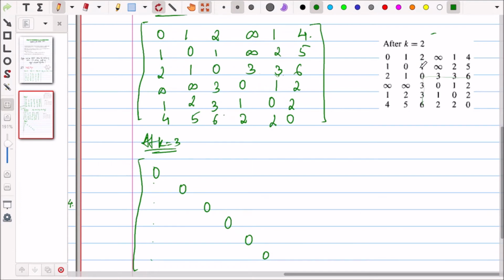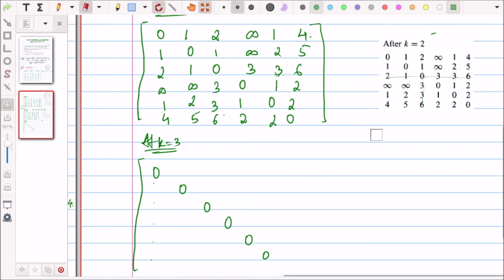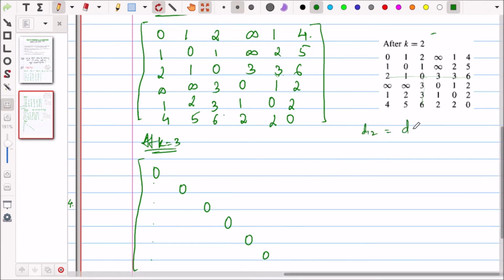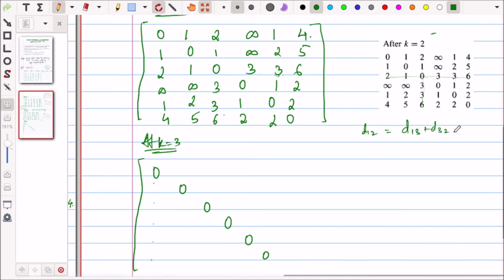So 2 1 will give us, yes. अब हमें d2 3 निकालना है ना. Yes, so d1 2 निकालना है. So d1 2 will be d1 3 plus d3 2, right? Yes. So d1 3 is this.